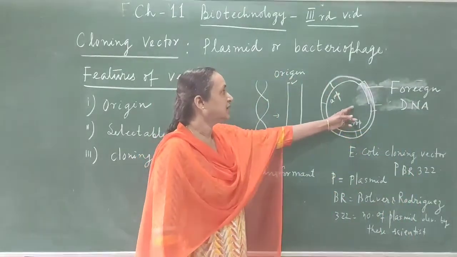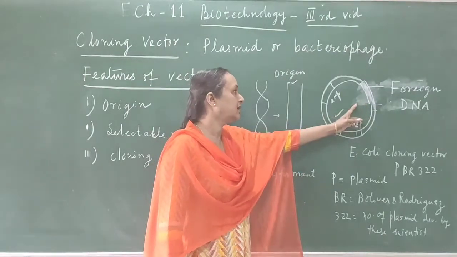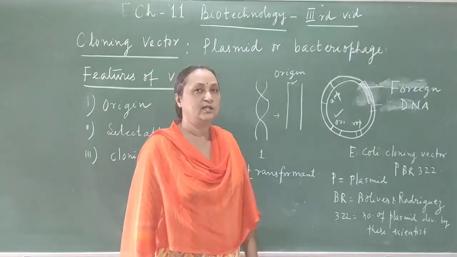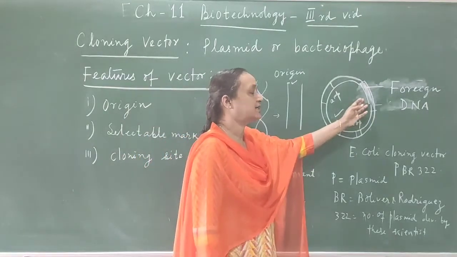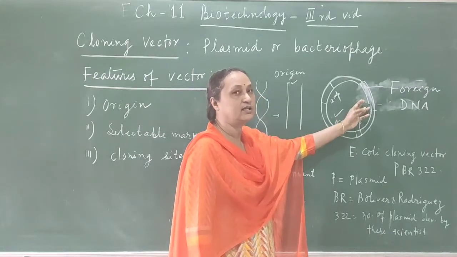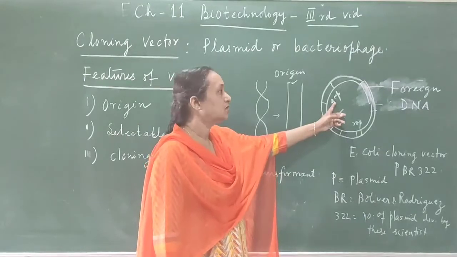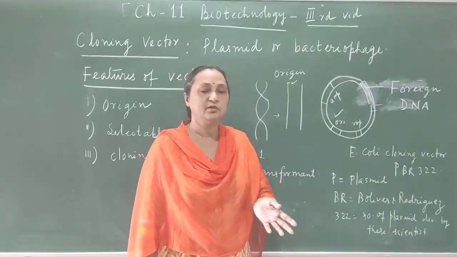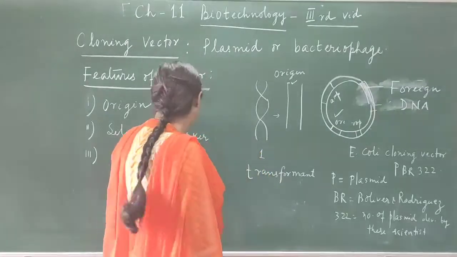So this plasmid now lost the gene for tetracycline resistance, and if you are entering the gene in a host cell or the E. coli cell, now the E. coli cell does not have resistance to tetracycline. It cannot grow in tetracycline medium, but it can grow in the ampicillin medium. So these kinds of genes which can differentiate transformant from the non-transformant are called selectable markers.